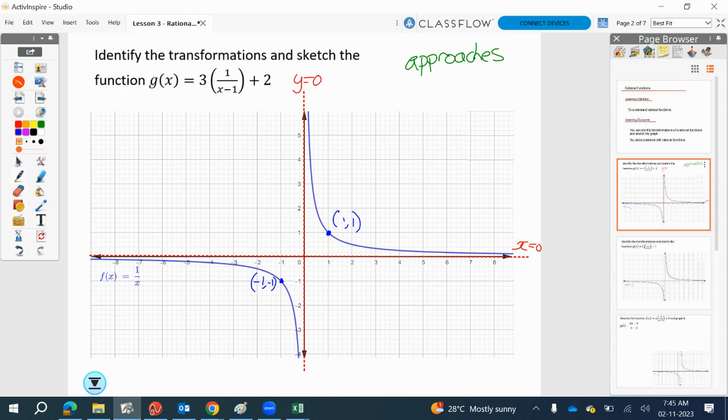Do you see the transformations? Horizontal translation. So actually, translations, stretches, compresses.